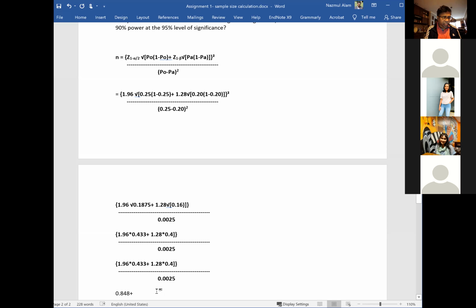Let's see. So inside one, I can still do 1.28 into 0.4, so 0.512, right?